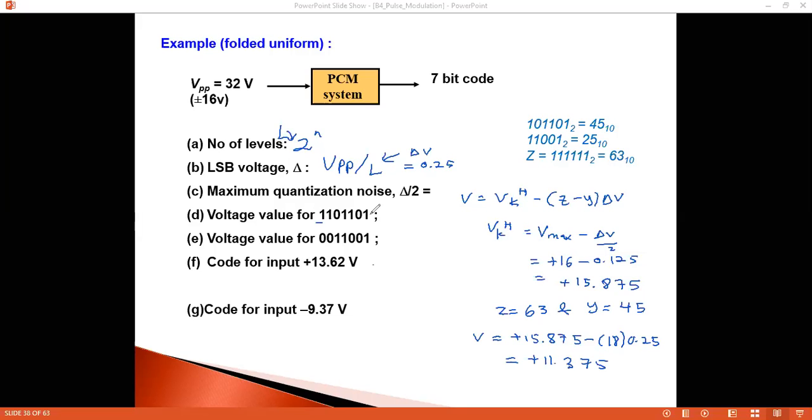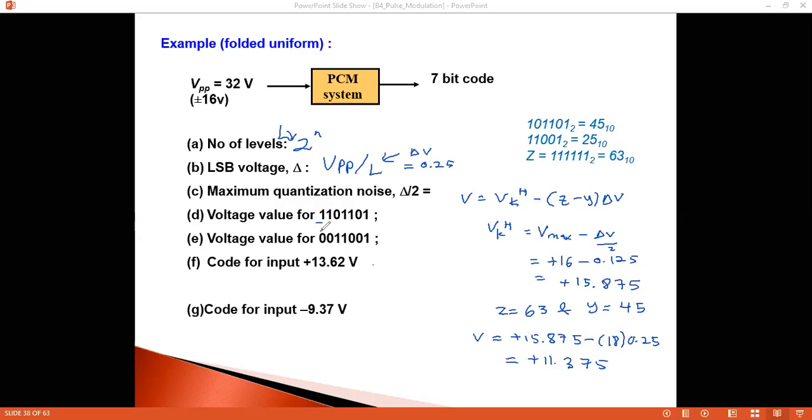So this should be the voltage value for 1101101. Since the MSB is 1, we put positive. So this is the answer for D.